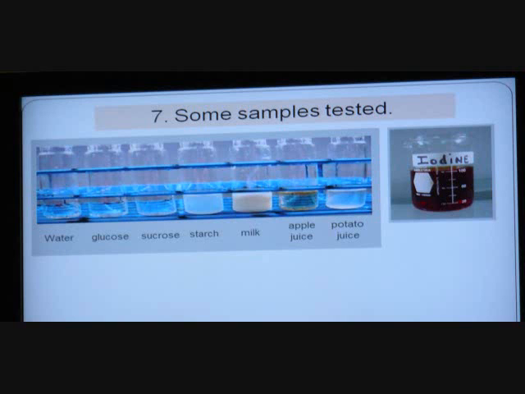There are some untested samples, and those are not being tested yet. And you can see we've got water, glucose, starch, milk, apple juice, and potato juice. And then there's a bottle of iodine, which is a little darker than we saw last time, but you see, it's still that nice brown color.